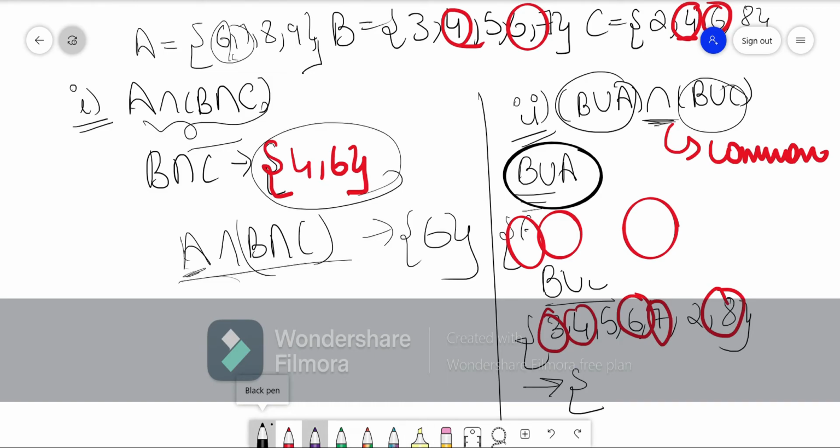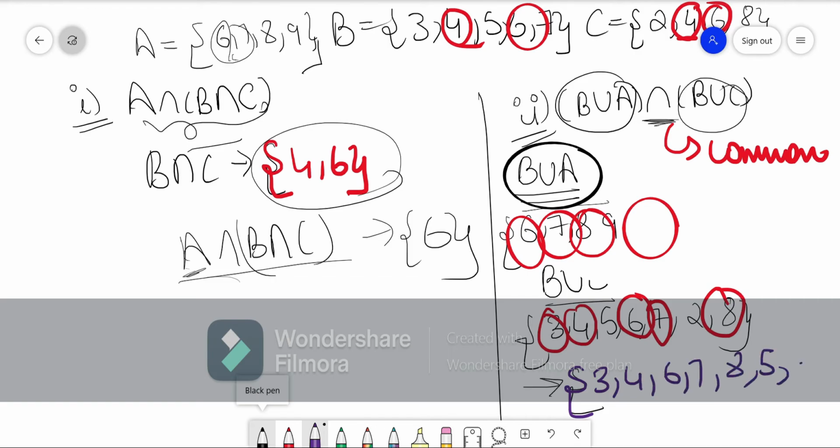If you want, I can use a different color pen for the distinction. So what was common is 3, 4, 6, 7, 8. 5 was also there. These were the only things that were common, so this is the answer. If I left something, I'm sorry, because you all know that this went off.